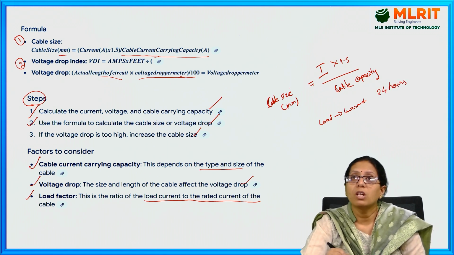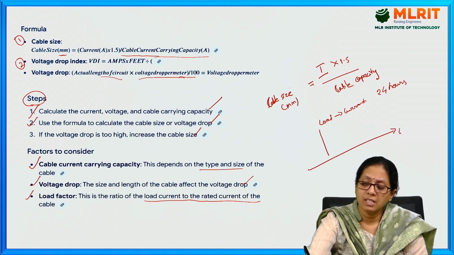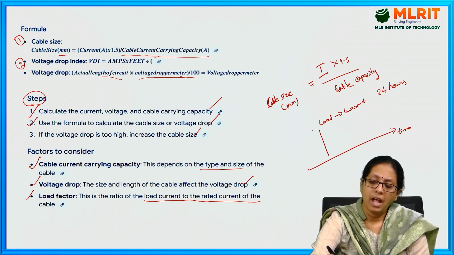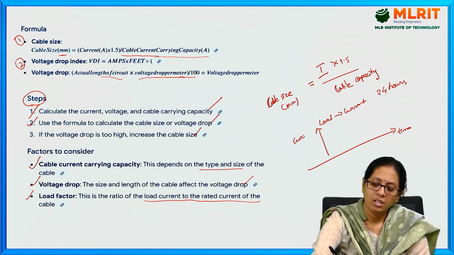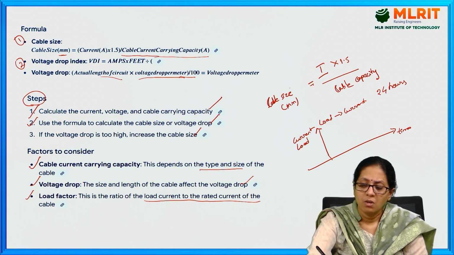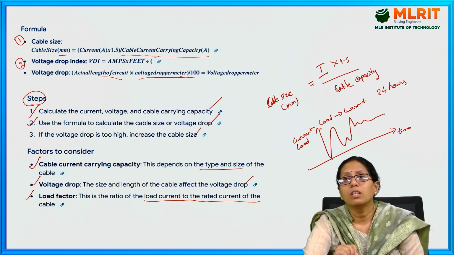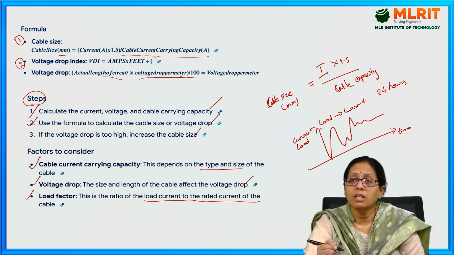If your x-axis is time and your y-axis is load current, the graph will not be stable; it will always be variable. It may increase or decrease during the daytime or night time.